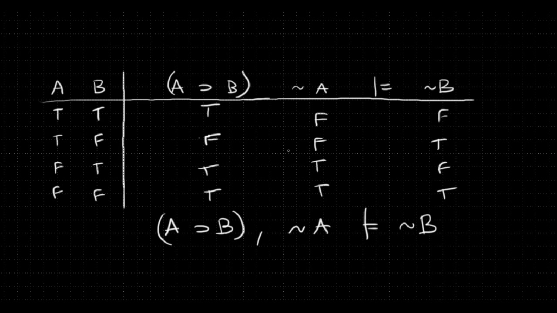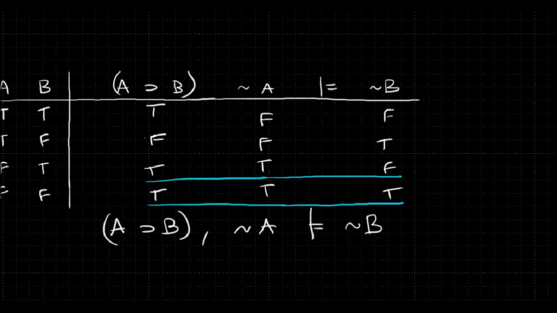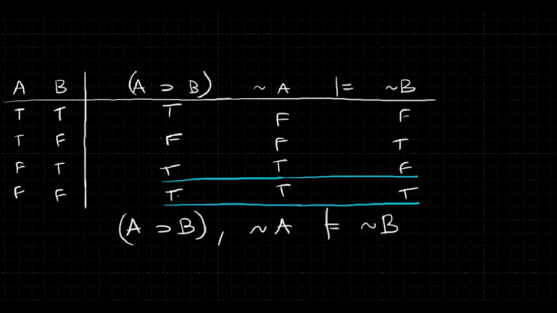Here are two cases in which the premises are both true. Although in this bottom case we've got true, true, and true, we have got a situation in which both premises are true but the conclusion is false. So that's not deductively valid.